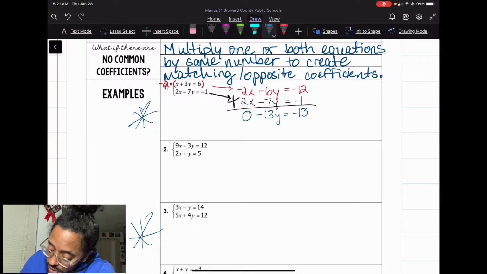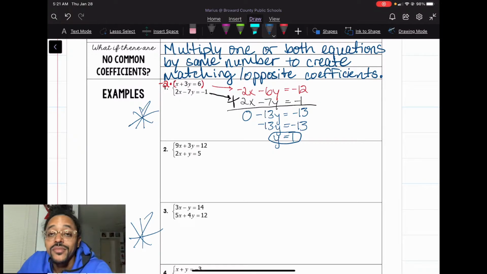So to continue, this simply becomes -13y equals -13. Divide both sides by -13 and y becomes +1. So y is equal to +1. Now I'm just going to plug that back into one of the equations and solve for x. So I'm going to plug it into the first equation.